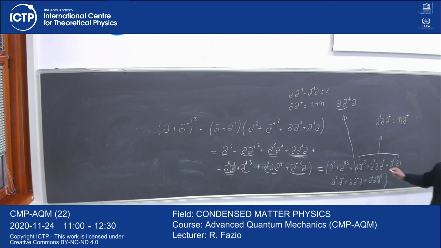The only thing you have to do is rearrange the operators in such a form that you bring it to something like N, A with some coefficient in front. Okay? In this term here it is immediate because it's just N A dagger. In the other terms, this is something you have to do.